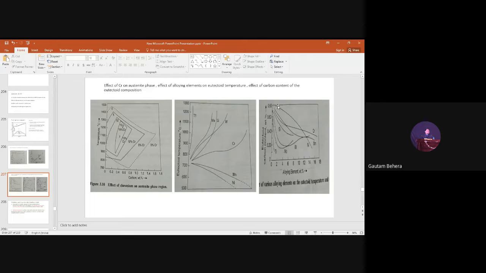You can see even if you are adding many alloying elements, it decreases the carbon content of the eutectoid composition. For every alloying element, it is going down, whether it is manganese, nickel, titanium, molybdenum. In other words, whether it is an austenite stabilizer or a ferrite stabilizer, the carbon percentage of the eutectoid composition decreases.